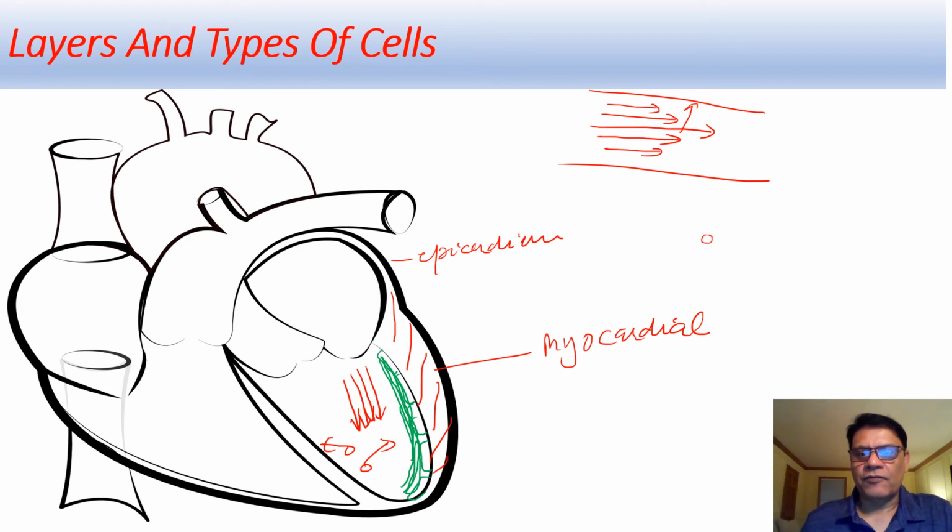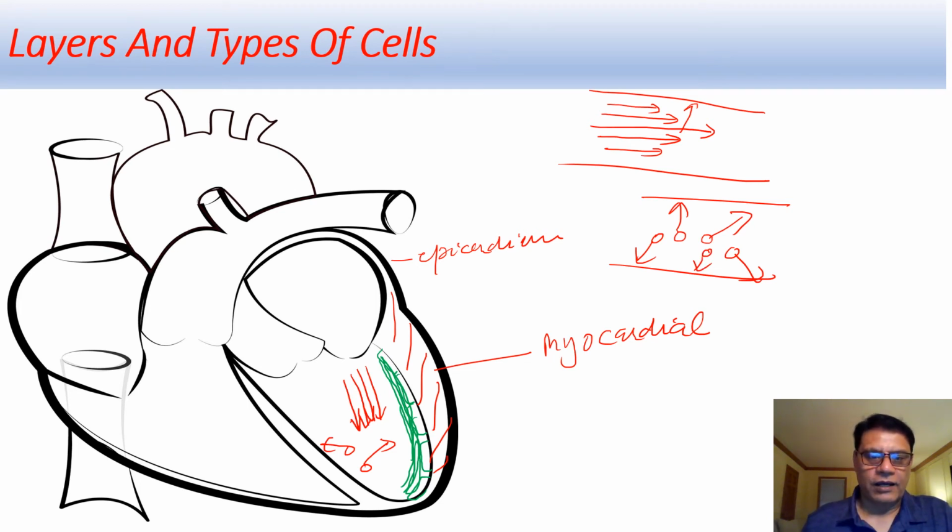And if the blood moves in different directions in a chaotic manner, this is called turbulent flow. And we do not need turbulent flow in this chamber. So these smooth epithelial cells help to avoid turbulent flow, and hence these epithelia are located deep inside, so they are also called endothelium.